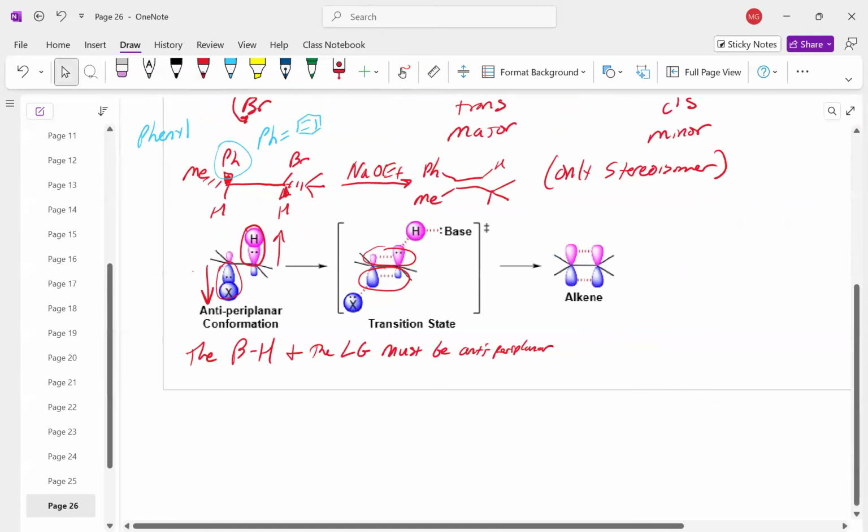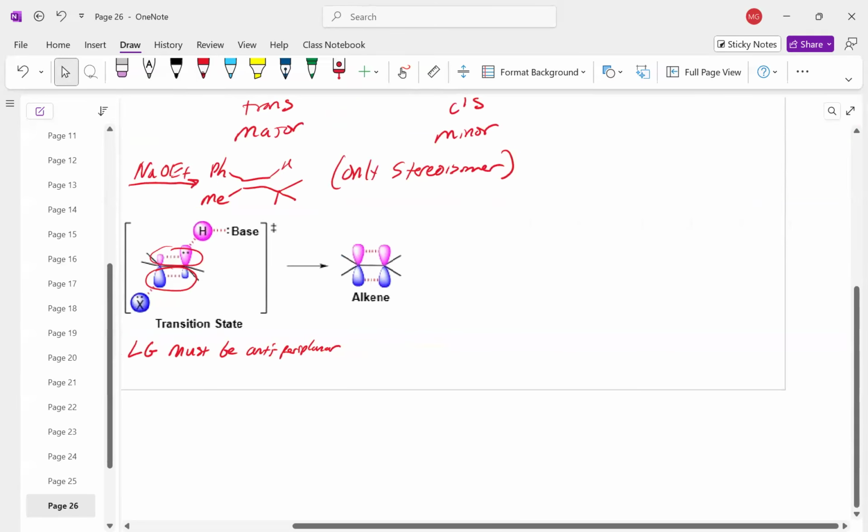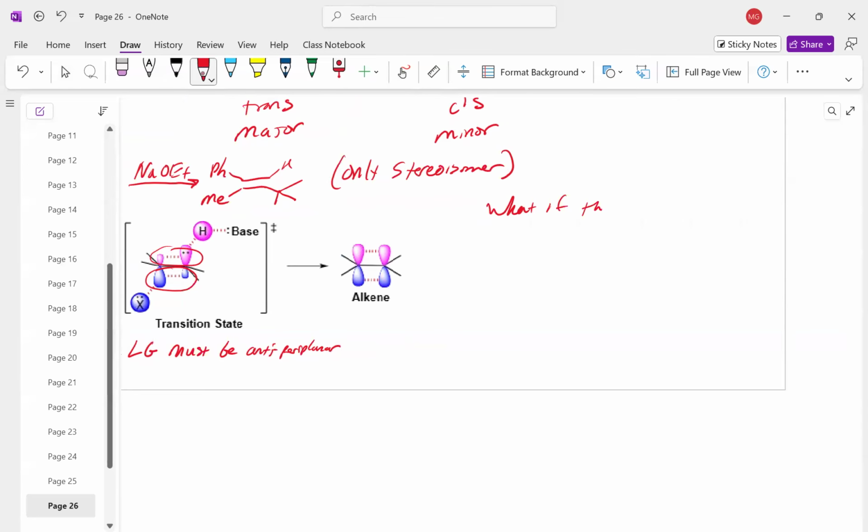So this complicates E2 a little bit. But what do I do, or what happens, if the beta hydrogen and the leaving group aren't anti-periplanar? So I'm going to take a very similar compound to what I used here in this example.